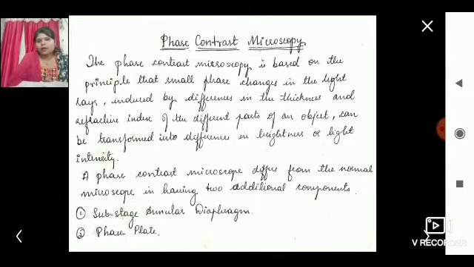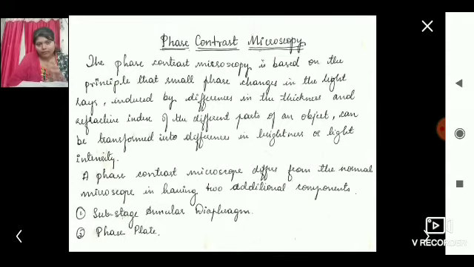So phase contrast microscopy is nothing but a type of microscope. Phase contrast microscopy is based on the principle that small phase changes in the light rays, induced by differences in the thickness and refractive index of different parts of an object, can be transferred into differences in brightness or light intensity.